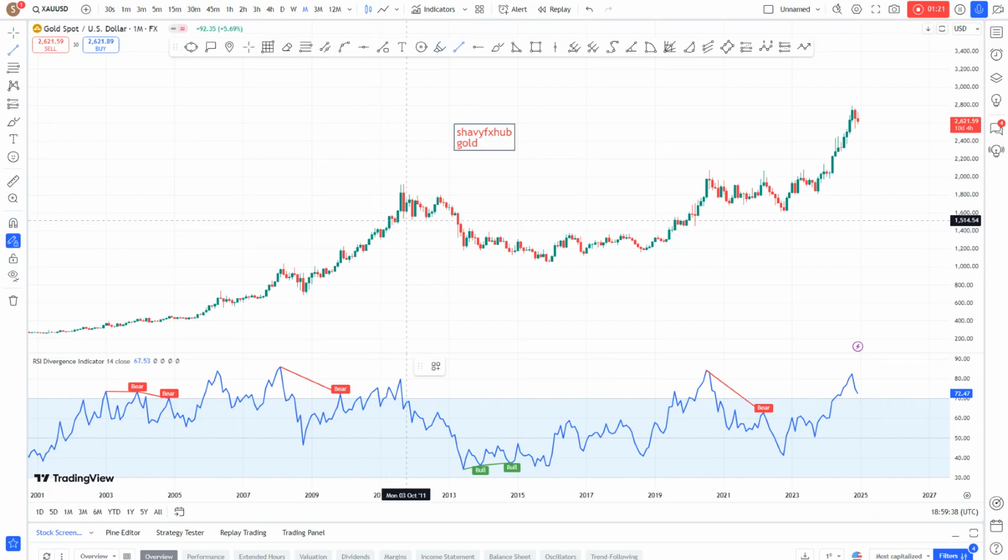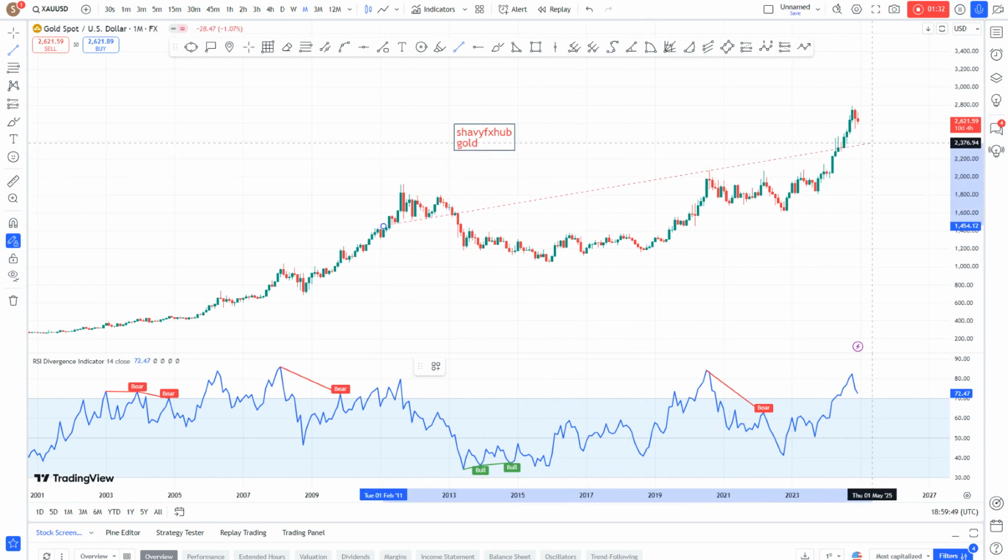We have here demand floor, demand floor, demand floor, demand floor, and we have a breakout. Use a breakout of the demand floor. So let's take this as it should be. This is what we have.